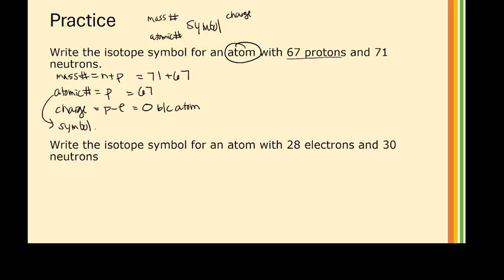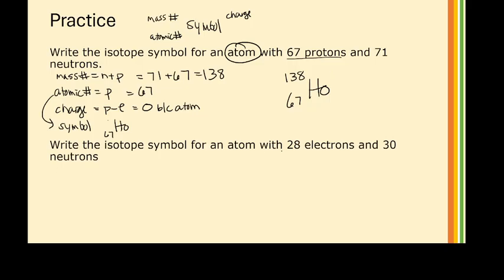And then for the symbol, I'm going to look up 67. And it's down at the bottom. So 67 is holmium. So 67 holmium, and I have to add that up. 1 plus 7 is 8, 13, so 138. And there is no charge because it's neutral.